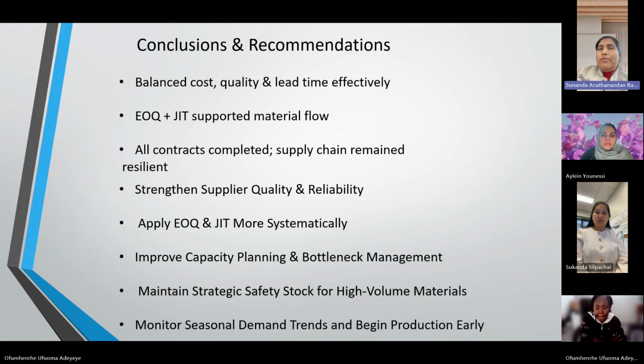So the production should have been started earlier, maybe in January for the hot products, which would have made our quality and inventory complete by the required time in module 3.